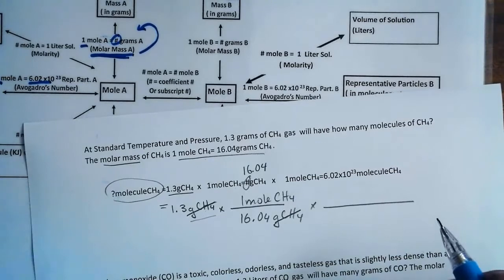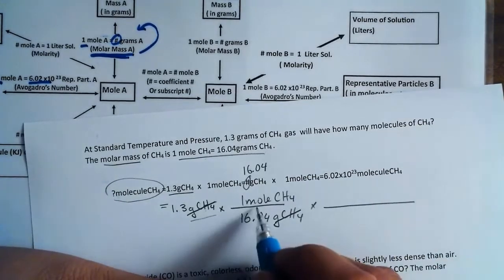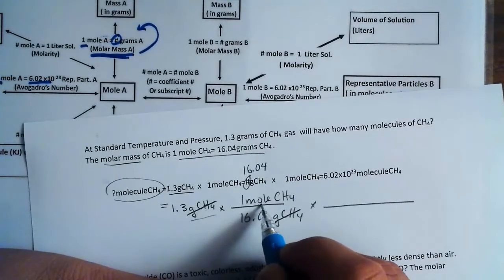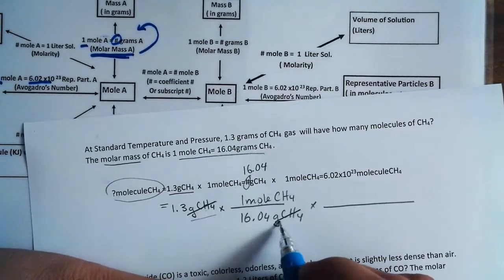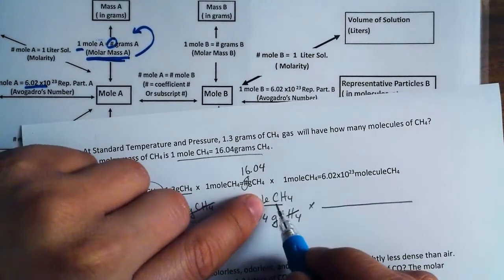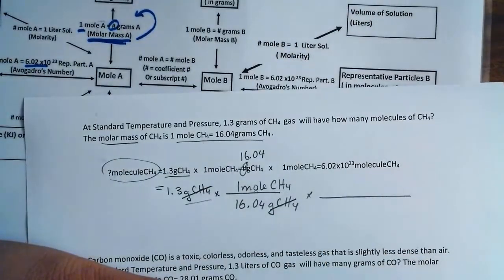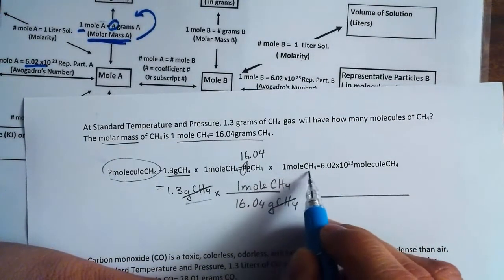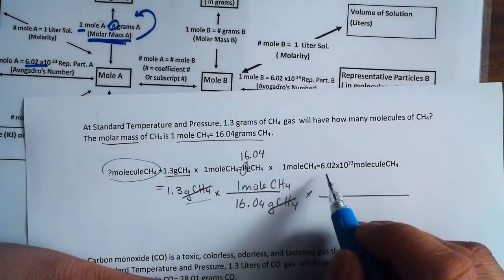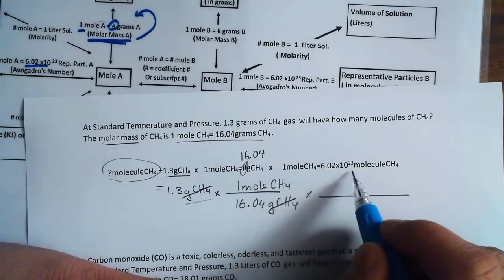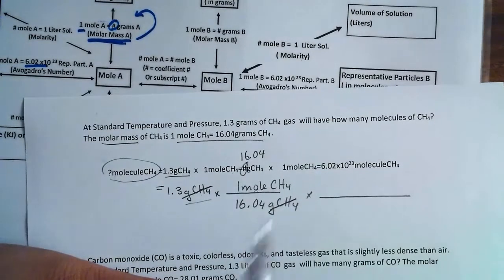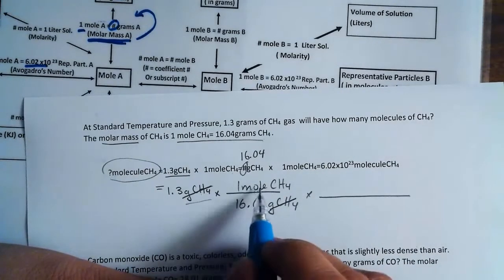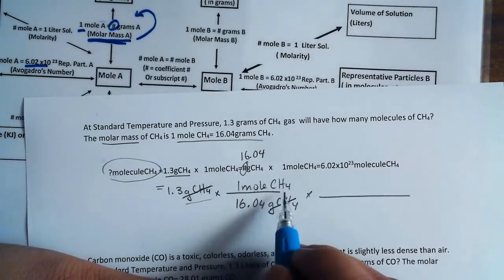We are going to do the same thing. In this case, notice how we canceled grams already. Now we have the new unit, moles of CH4, so we have to cancel moles of CH4. If we look at this conversion factor, we have 1 mole of CH4 equal to 6.02 times 10^23 molecules of CH4. Which side of the conversion factor will be on the bottom? Of course, it has to be the same as this one to cancel out.